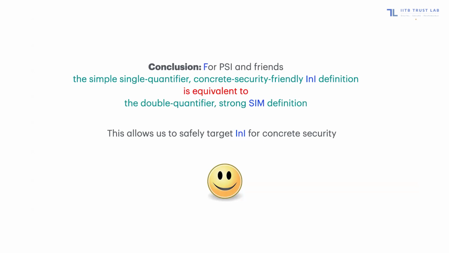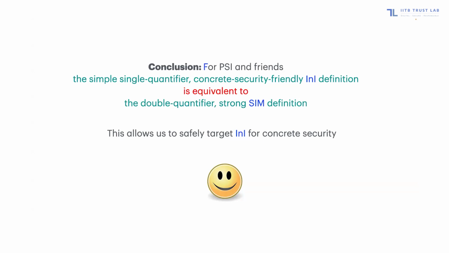And as a result, we can very easily target INI security for such functionalities and still enjoy the strong security. And in particular, because SIM-NP implies SIM, and since INI implies SIM-NP, transitively it also implies SIM.